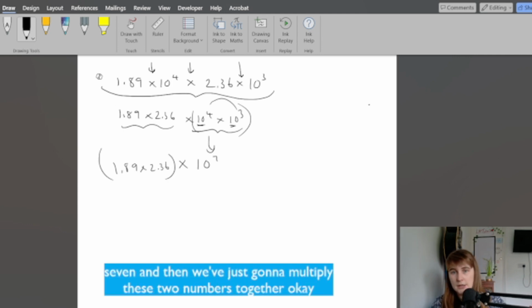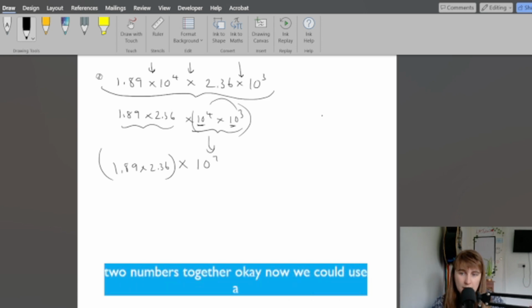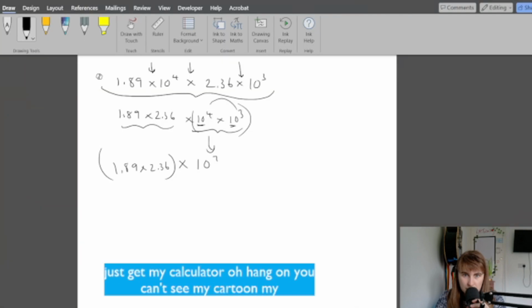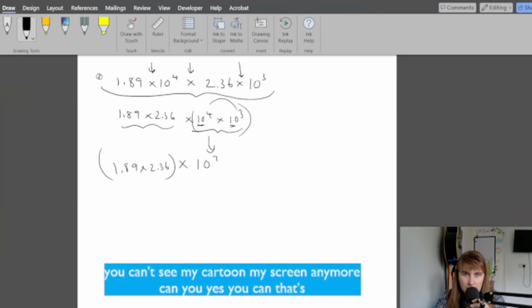Okay. Now we could use a calculator, which I would encourage you to use. So let me just get my calculator. Oh, hang on, you can't see my screen anymore, can you? Yes, you can. That's fine. I'm just going to get the calculator so my screen will disappear just for a moment.